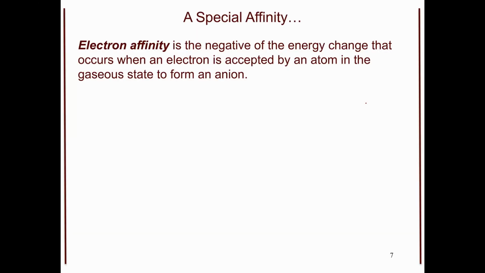The other trend that we're going to talk about is what we call electron affinity. This is the negative of the energy change that occurs when an electron is accepted by an atom in the gaseous state to form our anion. Just remember that our ionization energy always formed the positively charged cation.